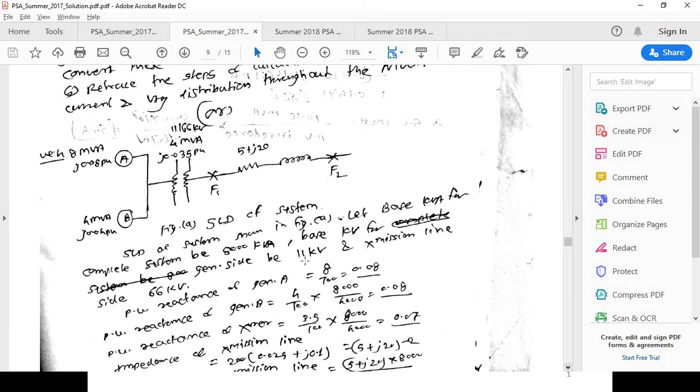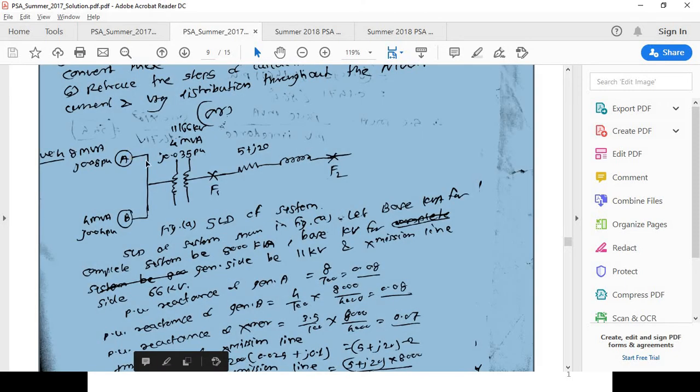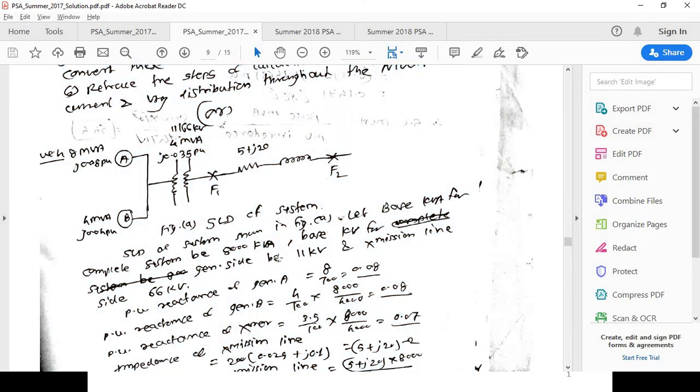See, the single line diagram of the system is shown in the figure. Let the base MVA for the complete system be 8 MVA, because we can select the higher value of the power as base value. And the base kV for the generator side is 11 kV, and on the transmission side it is 66 kV, because we have the idea that the base value of power remains the same throughout the system, whereas the base value of voltage changes as per the transformer ratio.